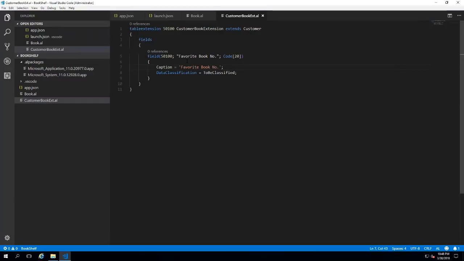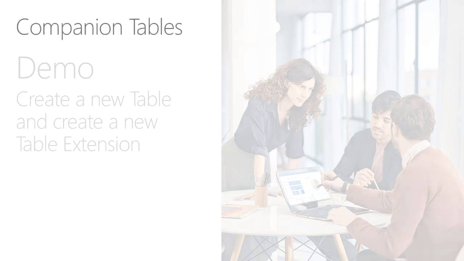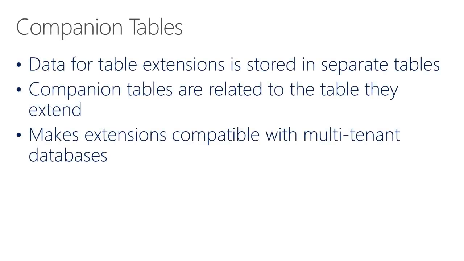We have a table and a table extension. And let's go back to our presentation. So what does this actually do in the database schema? When you add a table, it just adds the table itself. But for table extensions, before, in extensions V1, it would just add a field to a table.